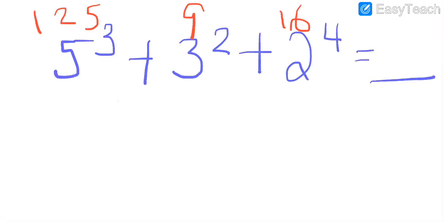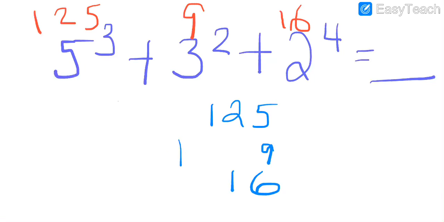So our final answer would be 125 plus, it doesn't matter what order, you can put 9 next if you want, and then 16. We're going to add those up to get our sum. All right, so we have 9 plus 5 is 14. 14 and 6 is 20.